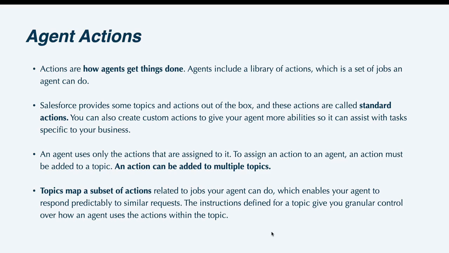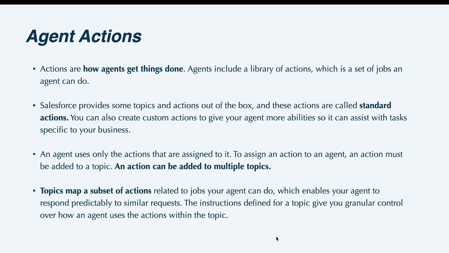And here one point to note is an agent only uses the actions that are assigned to it, and to assign a particular action to an agent, an action must be added to a topic. So basically, topics map a subset of actions related to a particular job your agents can do, which enables your agent to respond predictably to similar requests.